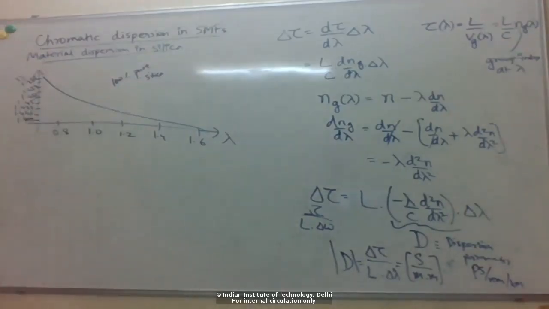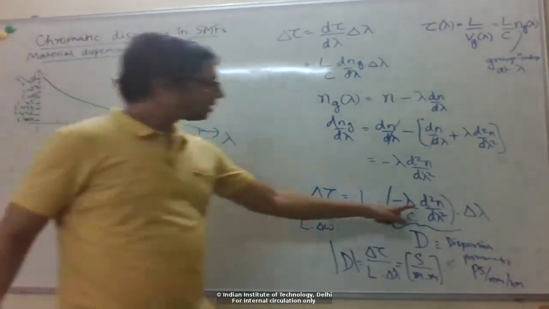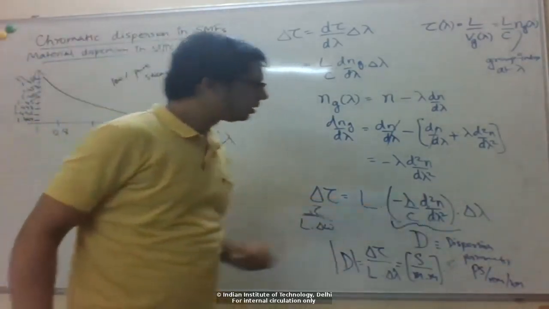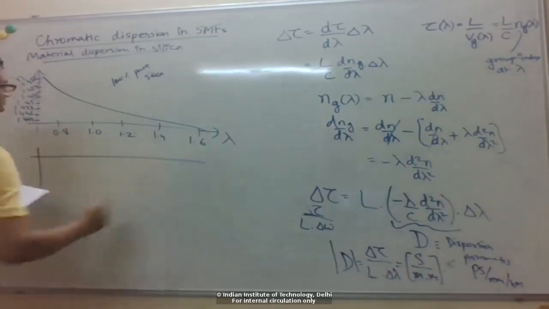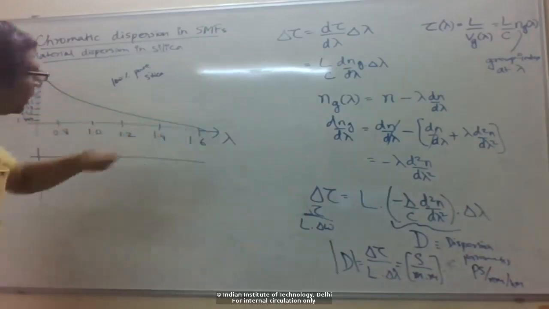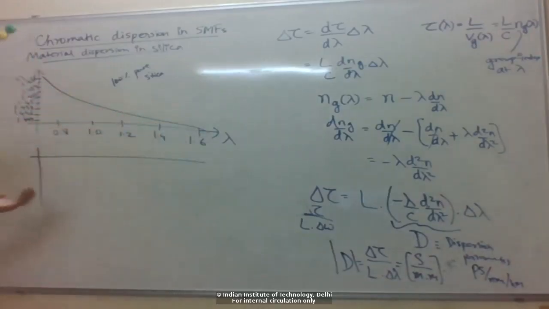Anyway, so for pure silica, it looks like that. So now, basically, the relevant quantity here is the second derivative of this curve. So let's first look at the first derivative. It's a monotonically decreasing function, so the first derivative is always negative, right? dn by d lambda is negative. So this is in per micron.